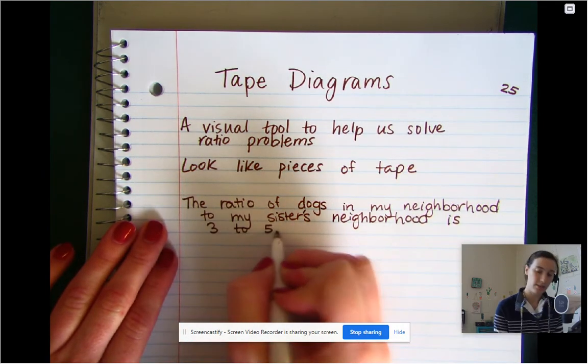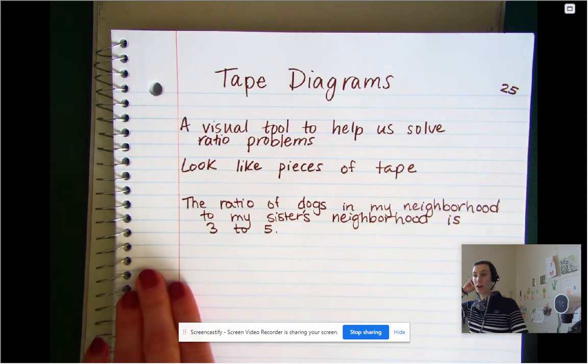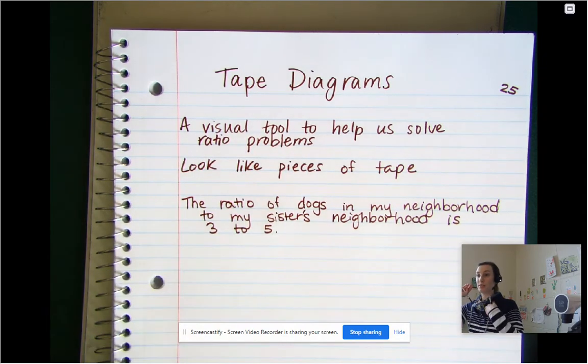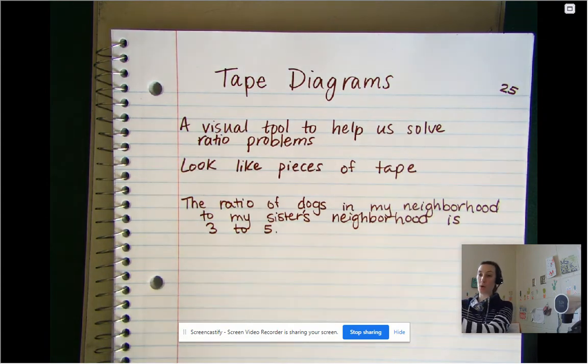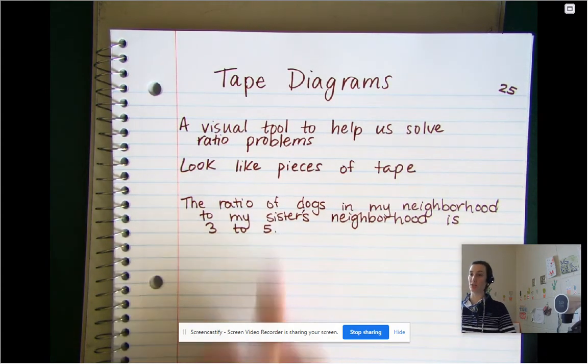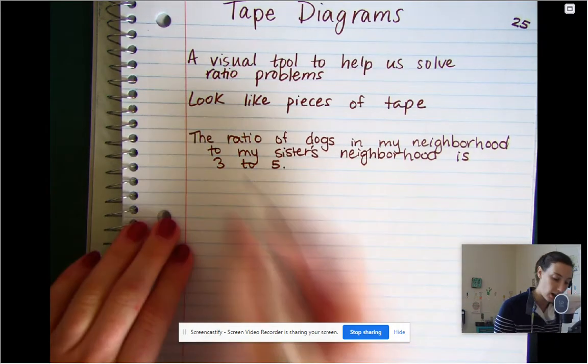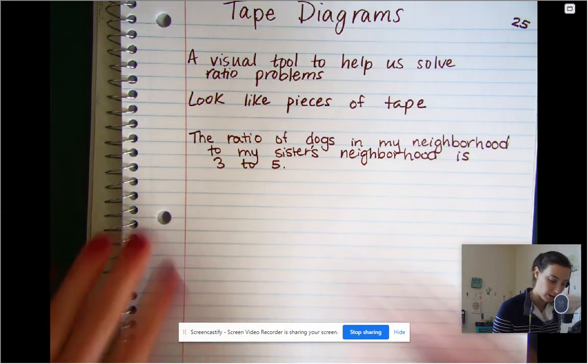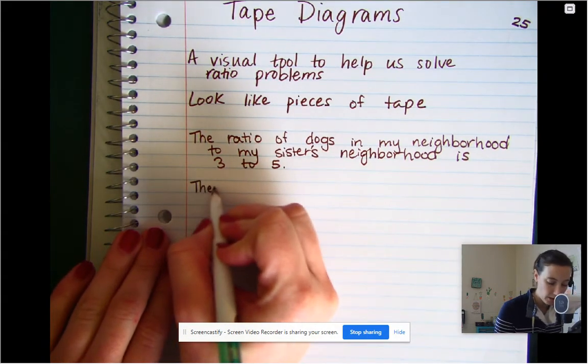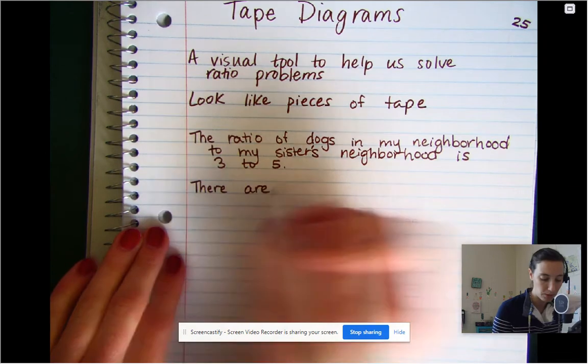Quick check-in, which neighborhood has more dogs? My neighborhood does. No, which neighborhood has less dogs? My neighborhood has less dogs. My sister's neighborhood has more dogs because the number in her ratio is higher. So then if I tell you that there is a total of 40 dogs in both neighborhoods, can you figure out how many dogs are in each neighborhood?